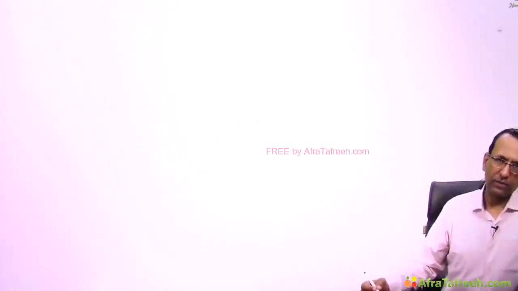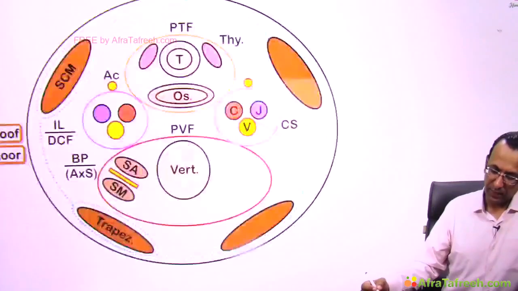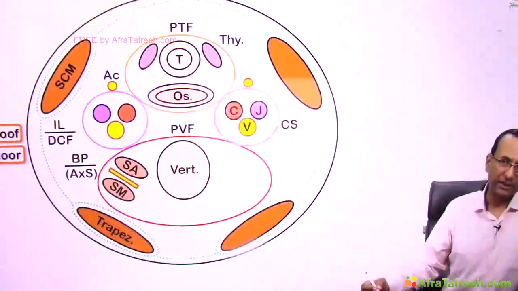Now finally we'll revise everything whatever we have discussed and draw a diagram ourselves. For the neck region, the fascia, the spaces and the nerves related there, everything almost. Let's do that. Our diagram will be something like this, and let us start with that.